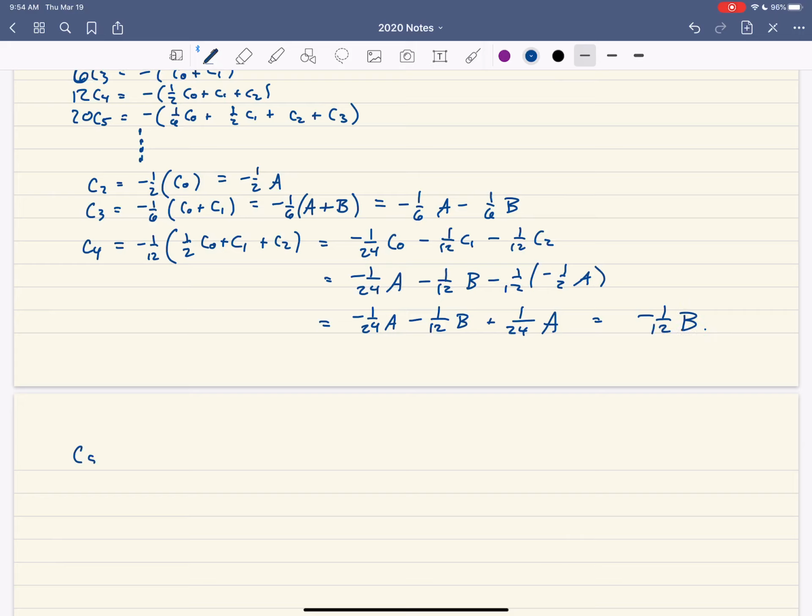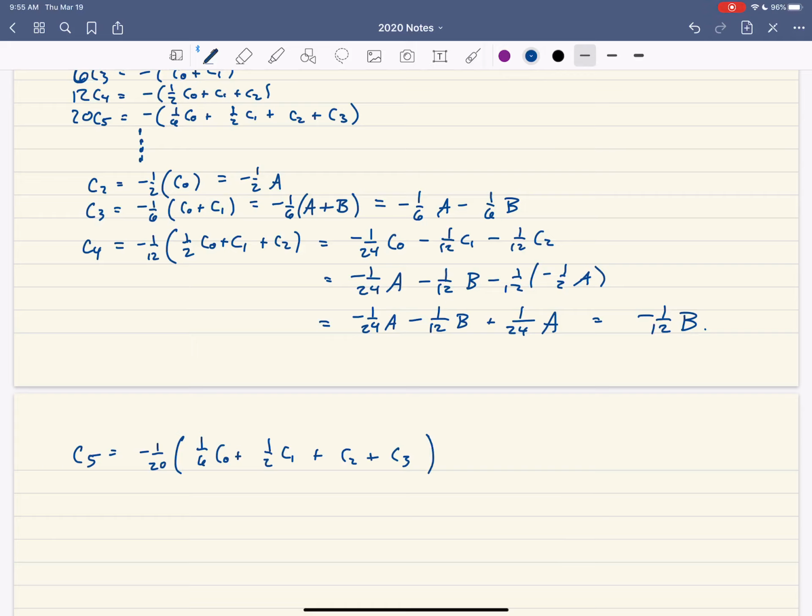And then finally one more, C5. So going back up to our formula here, C5 is going to be negative 1/20 times the quantity 1/6 C0 plus 1/2 C1 plus C2 plus C3. Yeah, we don't need C4. Okay, we just need up to C3.